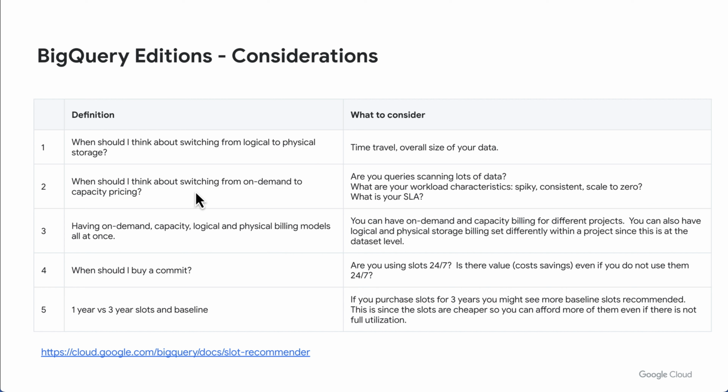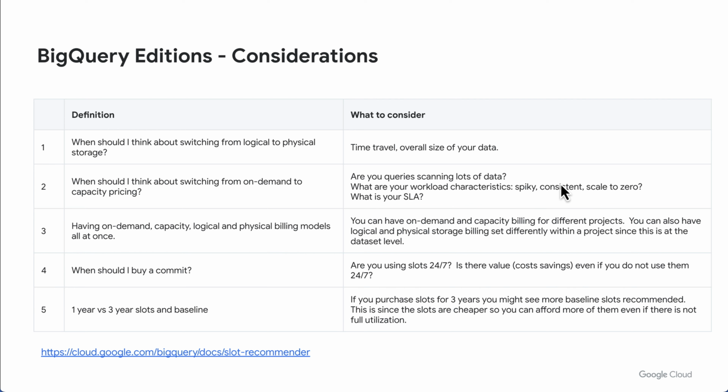When should you think about switching from on-demand to capacity-based pricing? Typically on demand, once you're scanning tons of data, terabytes, and costs get expensive, you're looking to switch to capacity-based pricing. Now, with auto-scaling, you can have a baseline of 0. So depending upon your workload characteristics, you can switch to a capacity-based model where you have a low baseline or a 0 baseline, and you have spiky workloads.